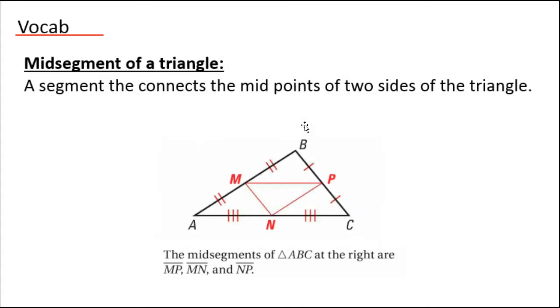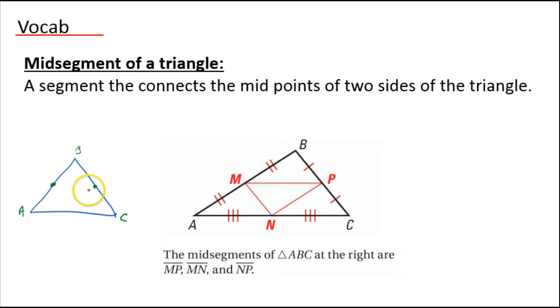A midsegment. We define a midsegment of a triangle as a segment that connects the midpoints of two sides of a triangle. So here we have a picture of it, but moreover, if I have any kind of triangle, here's a triangle, and I know the midpoint of this segment here, so let's label it A, B, and C. I know the midpoint of AB, let's call it right there, and I know the midpoint of BC.